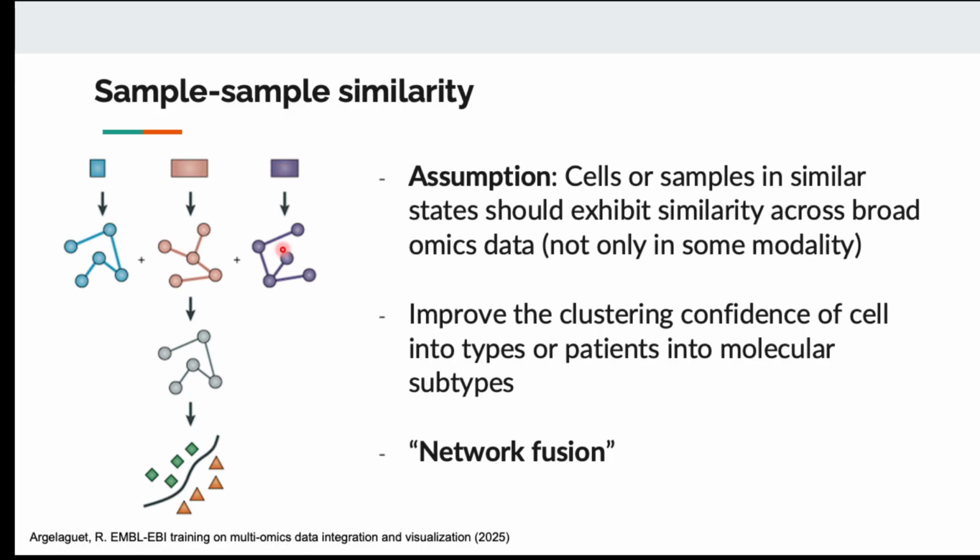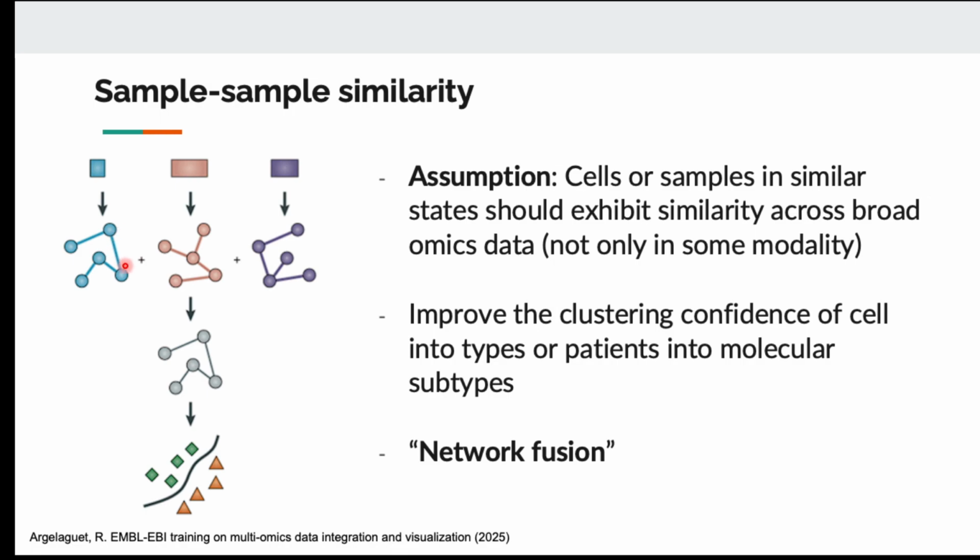So what you want to create here is a network, and you want to connect patients that have similar omics profile. So based on gene expression, you can create one network. This line connects two patients that have the same or similar gene expression.